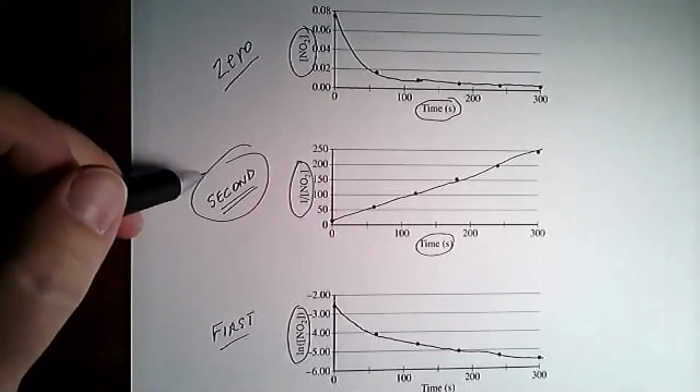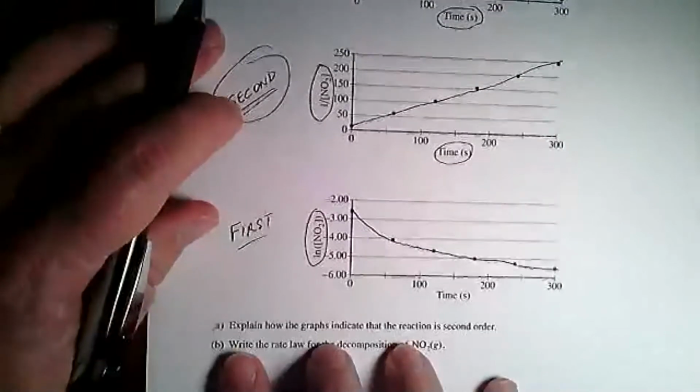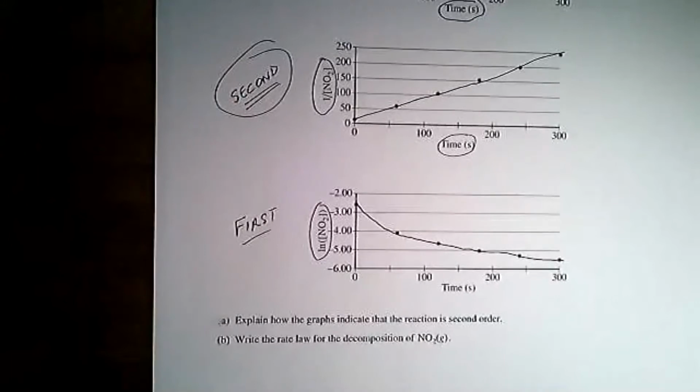Okay, so in our case, for letter A, they ask us, explain how the graphs indicate that the reaction is second order. Now they even tell us it's second order, but all you really have to say on here is that a graph of 1 over concentration of NO2 versus time gives a straight line.